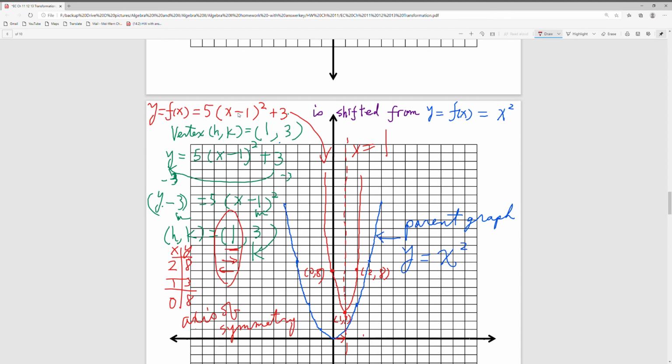And then we push up 3 steps. Also, it means your minimum y value is 3. So k will tell you the maximum or minimum value. Okay, so keep going.